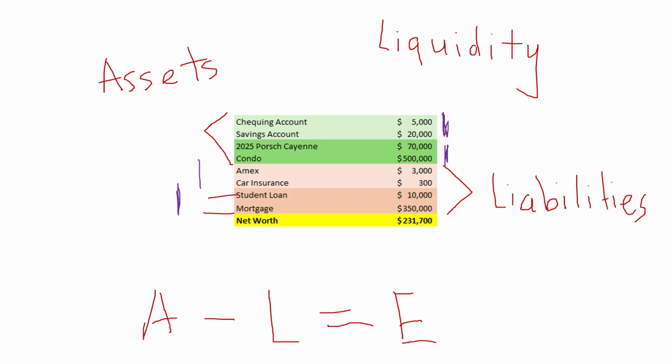You have to pay it within 30 days usually when you get the bill. Whereas for the student loan, yes, there's a portion of it you have to pay every month, but the principal part of it is long term, right? The 10,000, you're not expected to pay the full 10,000 in the next month. You can probably pay it out over several years, or the mortgage usually over tens of years, right?